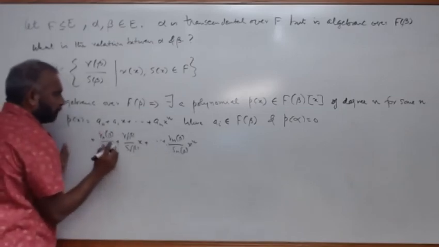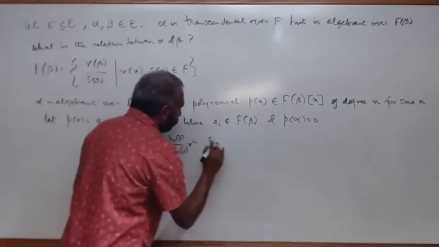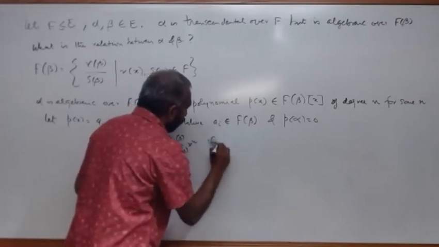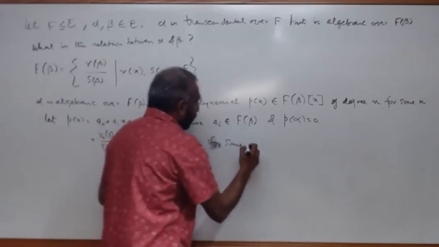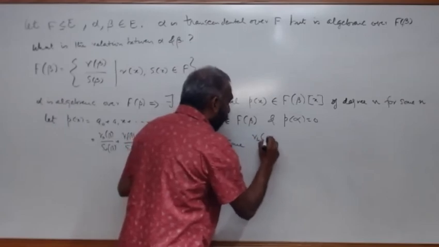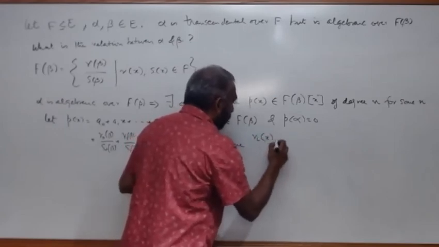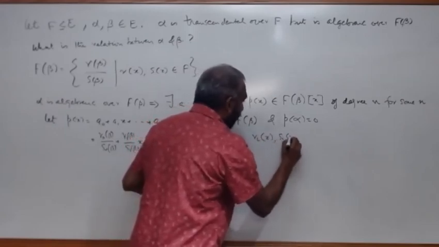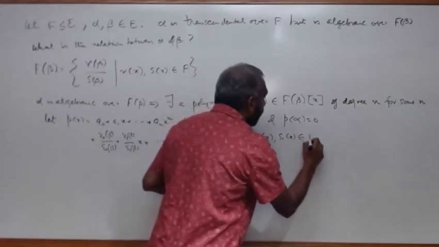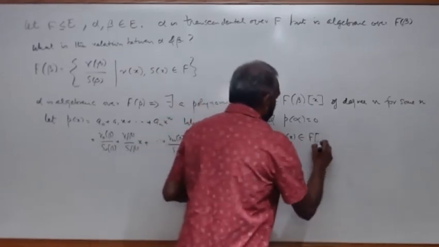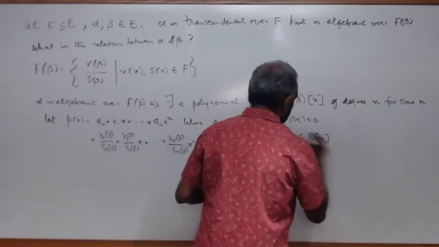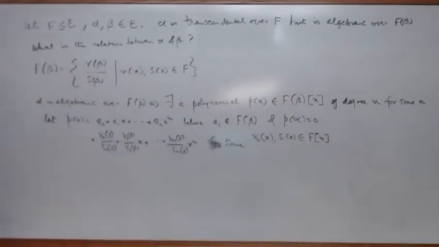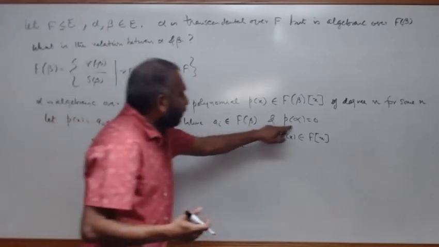For some Ri of x, Si of x in F of x. We know that p of alpha is equal to 0.